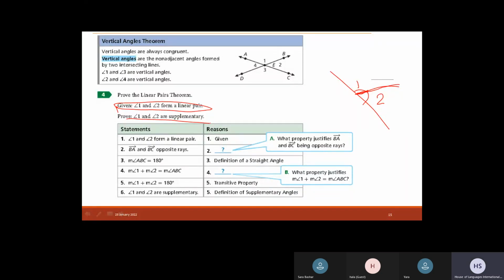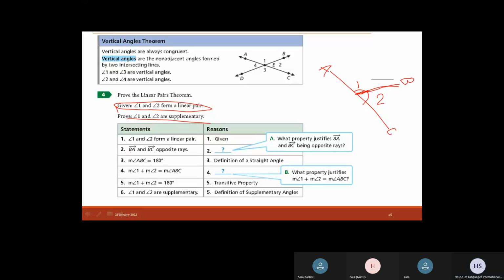So the first step, how you will start, you will say that since 1 and 2 form a linear pair, this is given.